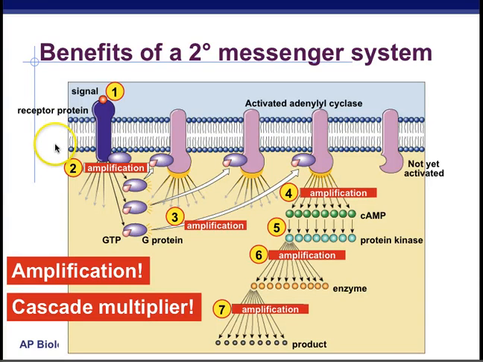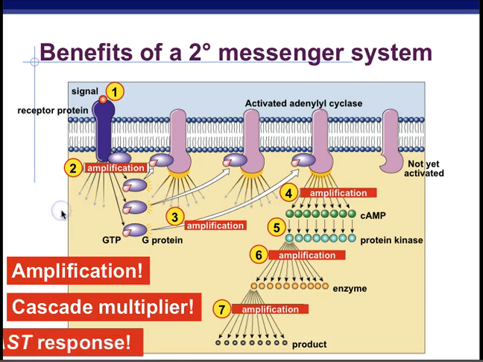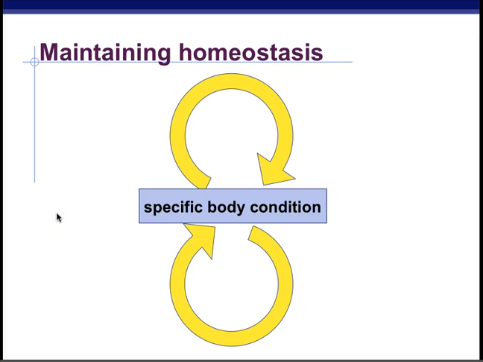They quickly give you epi, and this one little signal causes this huge amplification effect in one cell. And so that's why something like epinephrine can save your life. Okay, it causes a wicked fast response. Okay, so that's how something like that maintains homeostasis.